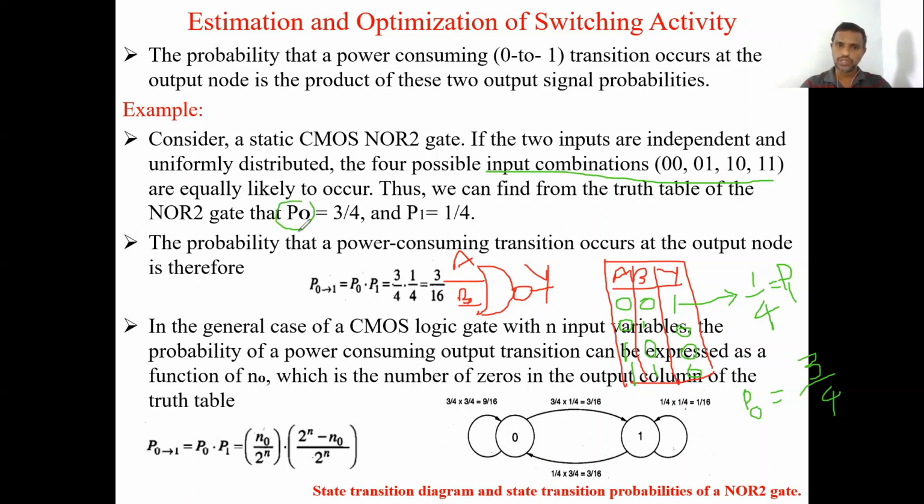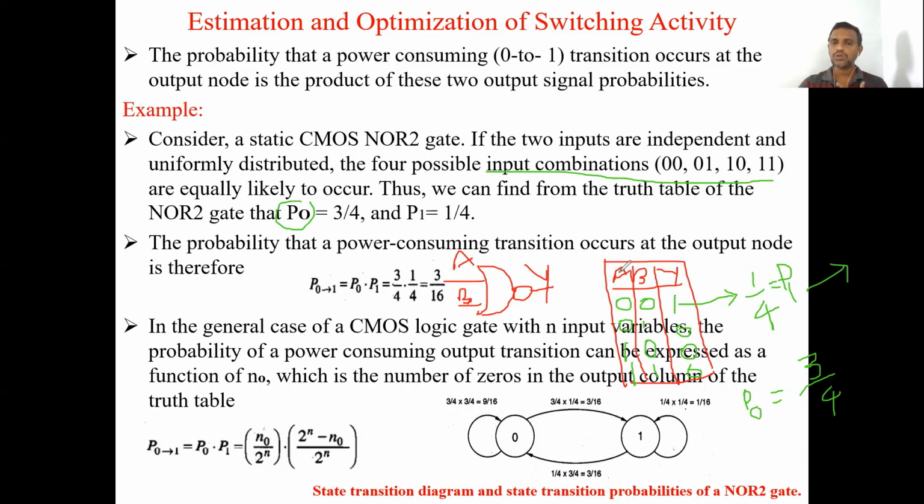Why is P0 equal to 3 by 4? Because we get 0 three times at the output of this CMOS NOR gate for the different inputs. And P1 is equal to 1 by 4, because here logic 1 is obtained one time, and logic 0 is obtained 3 times.